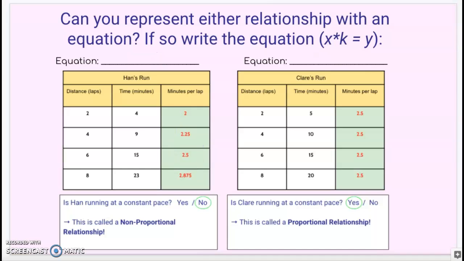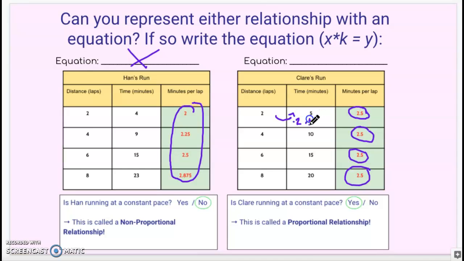Versus, let me move my face out of the way. Okay, hold on. Versus, is there a constant of proportionality for Claire's run? Yes, there is. So I have a number that I can plug in to this equation. 2 times 2.5 equals 5. 4 times 2.5 equals 10.